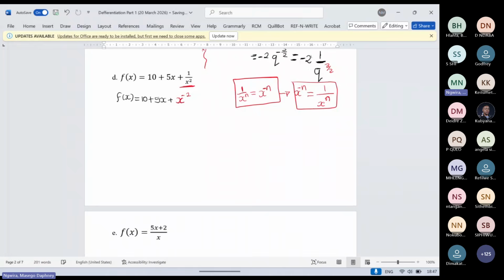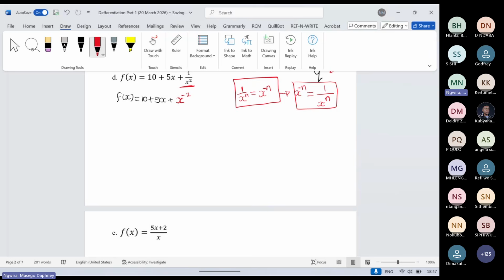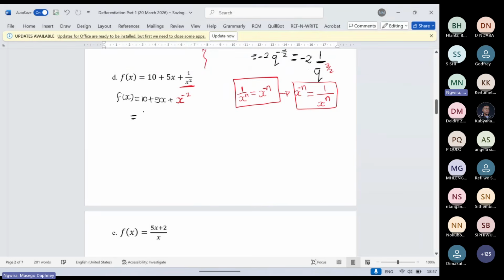Now let's start. Because we have powers and bases, now we can start differentiating. Please mute your mic. So now I'm going to differentiate. I'm going to do it one by one. So this is the derivative of 10 with respect to x, plus I'm differentiating the next term.